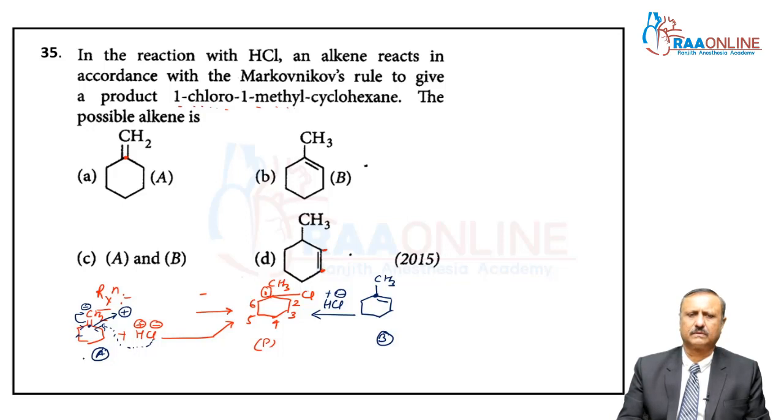So these electrons are moved from this carbon atom. So the electron density of this carbon atom is more. So a positive charge is developed on this carbon atom, because electrons are repelled by these alkyl groups. So this Cl group attaches on this carbon atom. So you get this product, the same product.